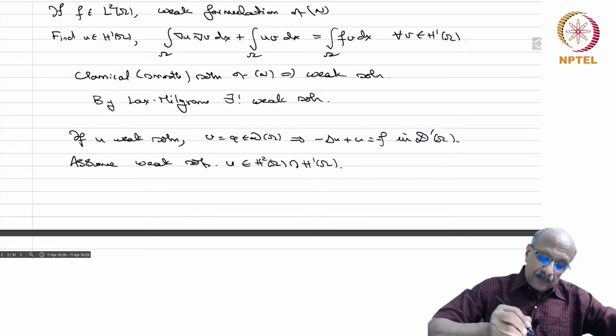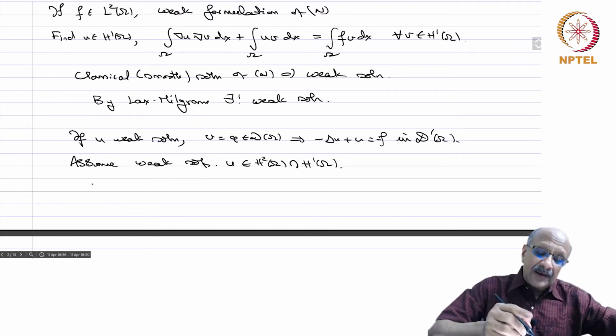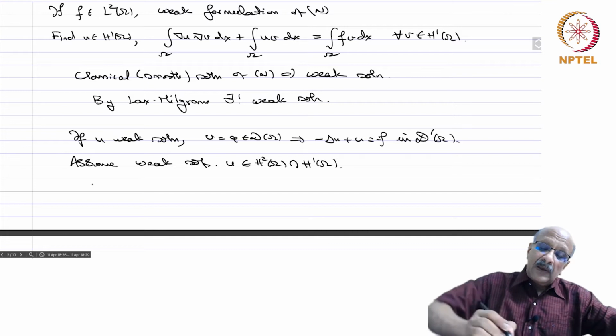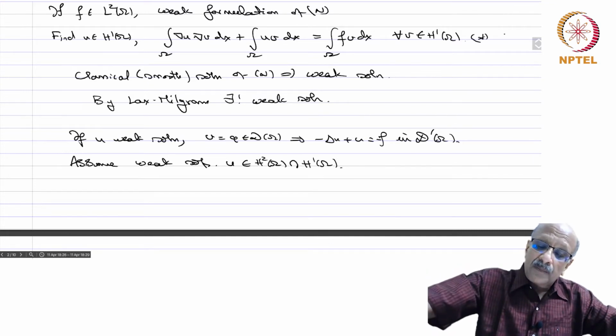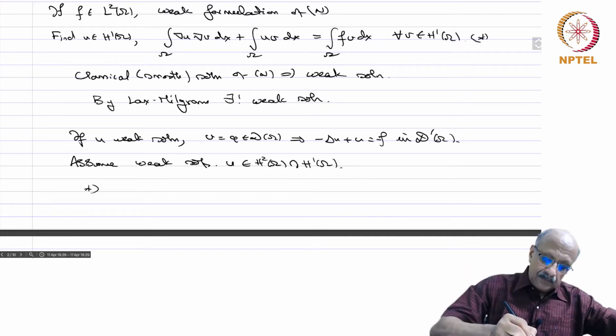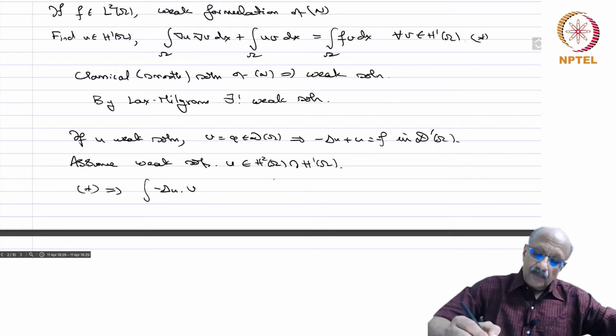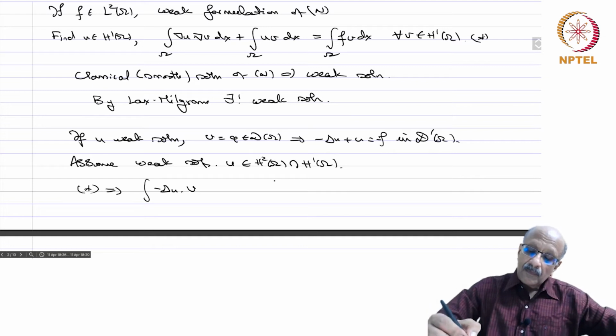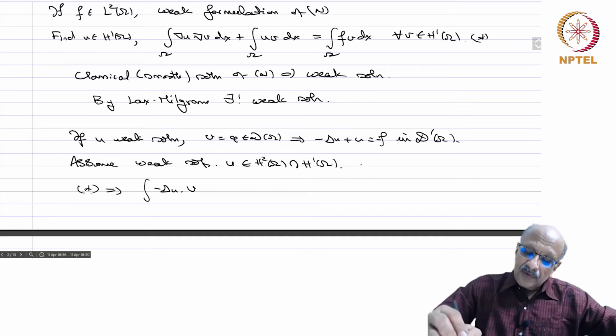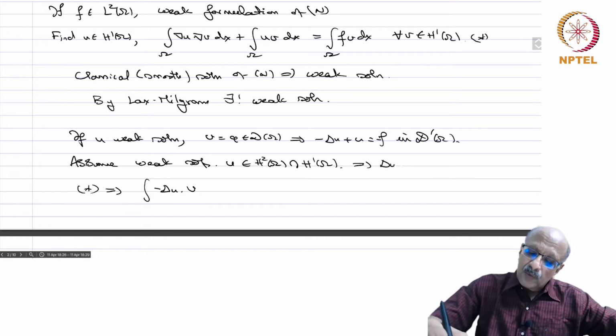Okay, so now from the weak formulation we get, by retracing the integration by parts formula, minus Laplacian u times v, because here this means that Laplacian of u belongs to L2.